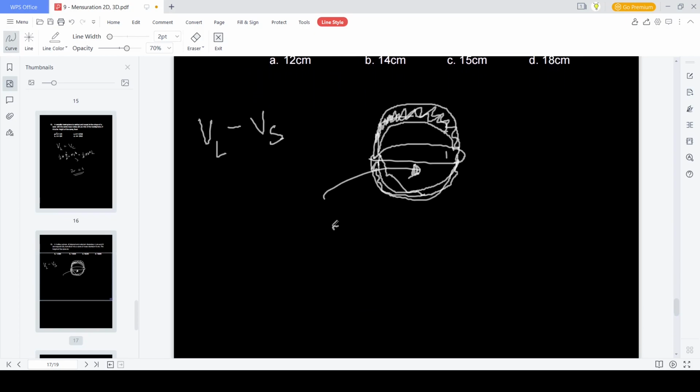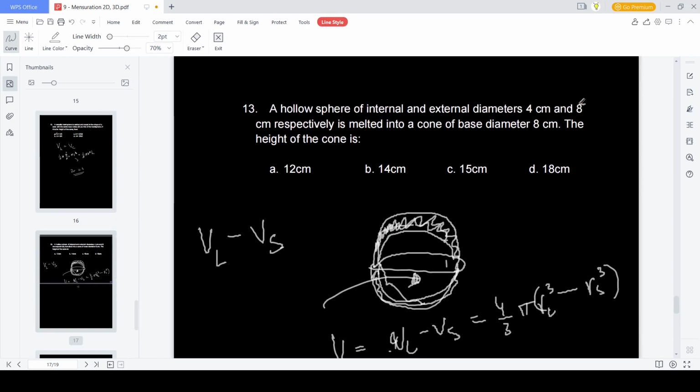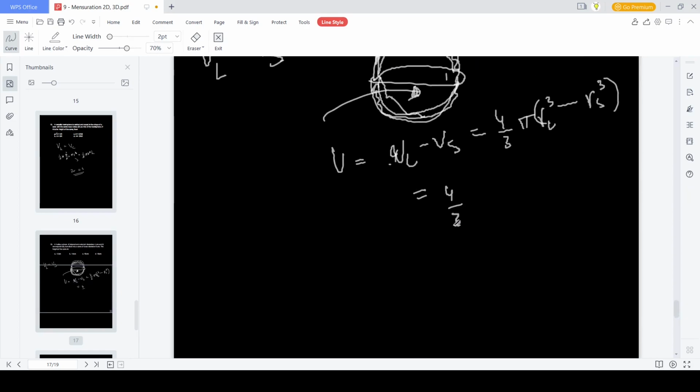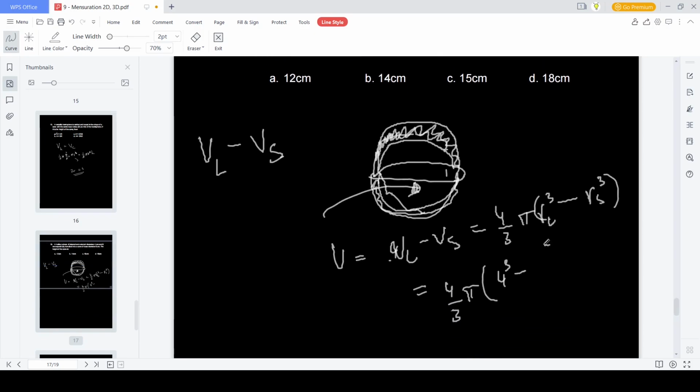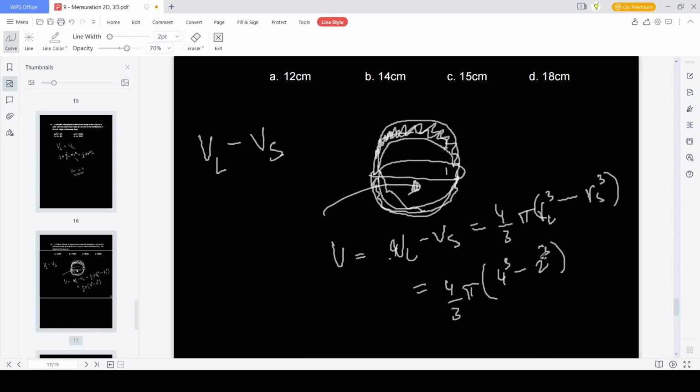Then the volume of the material will be nothing but volume of larger minus volume of smaller, which is 4 by 3 pi into r of larger cube minus r of smaller cube. Can I write it like this? Because I took common. So larger radius is 4 centimeter. I'll write it as 4 by 3 pi into 4 cube minus smaller radius is 2, so that is 2 cube.